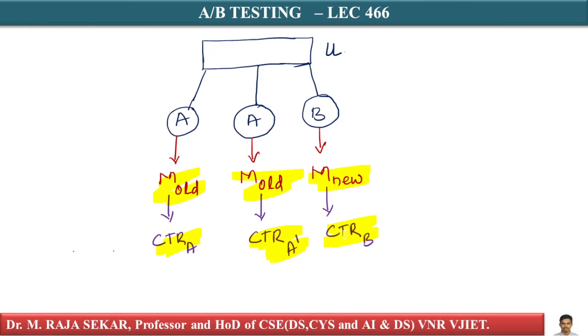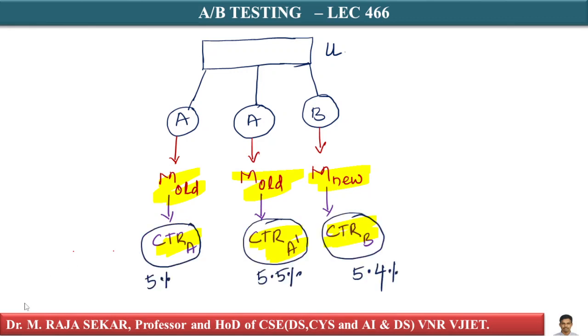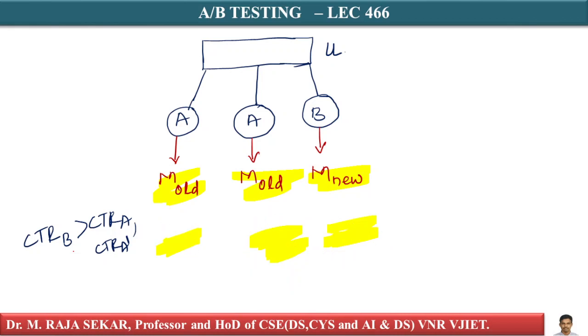Now let me assume the CTR of B is greater than the CTR of A, and the CTR of A dash.